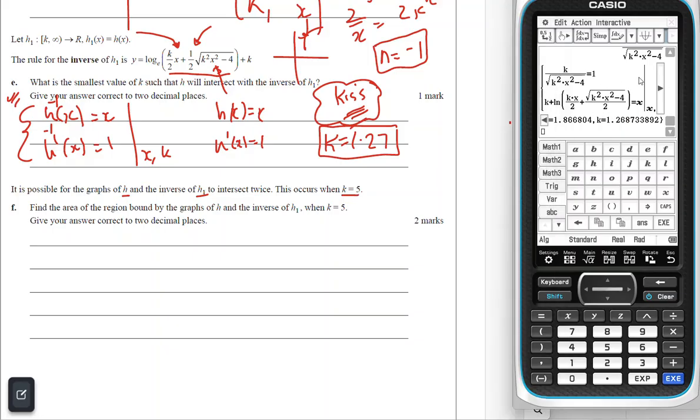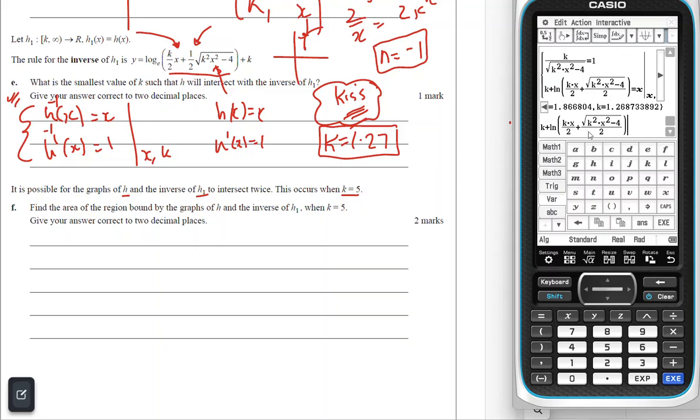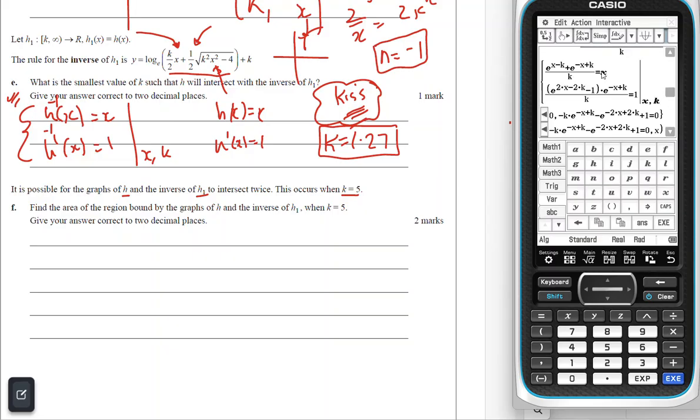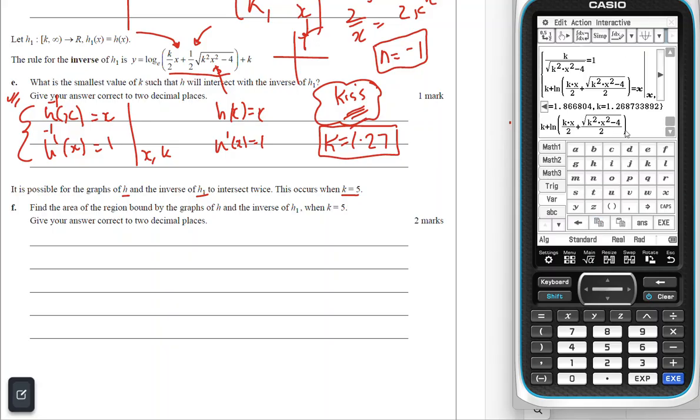Okay then, so if I take my expression, which is this expression, into a new line, that's the inverse. So I want the original when k is 5. So I'll copy that to see what's going on.